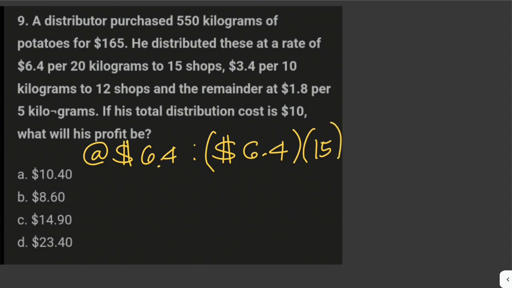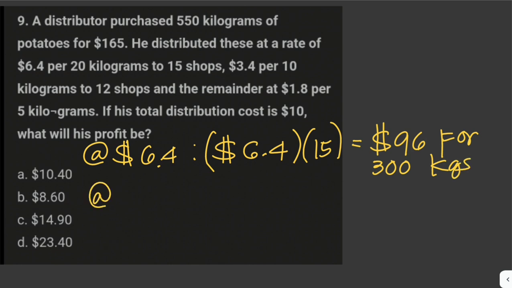Then the amount he earned for this distribution is equal to $96 for 300 kilograms. And then at a rate of $3.4, we multiply that by 12 shops.